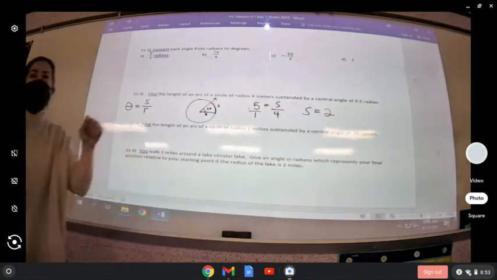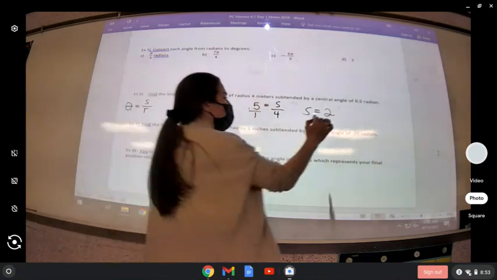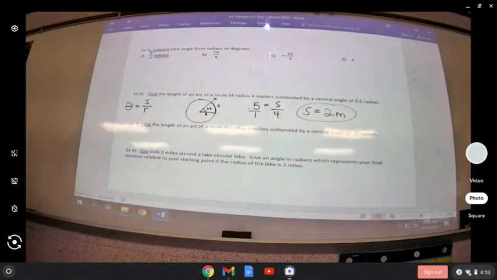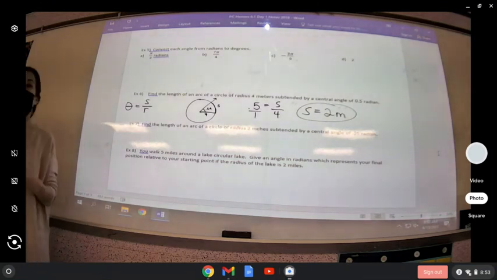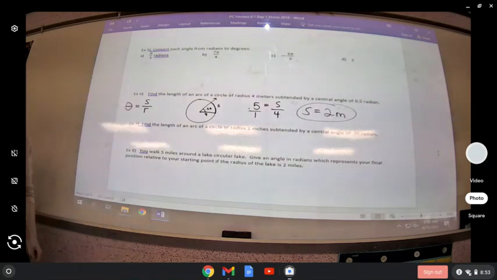The arc length is always measured in the same unit as the radius. So the radius was in meters, so the arc length is 2 meters. To create an angle on a circle that has a radius of 4, that is the size of half a radian, the arc length must have been 2 meters long.